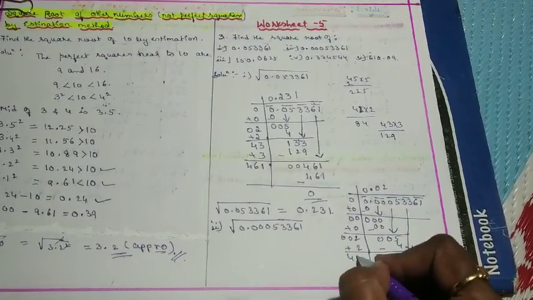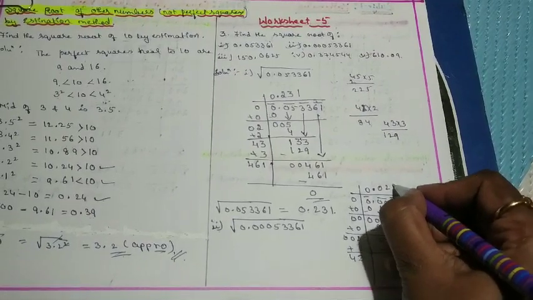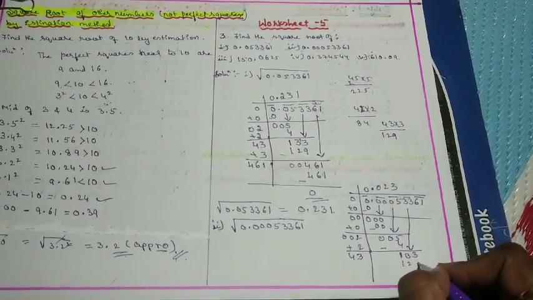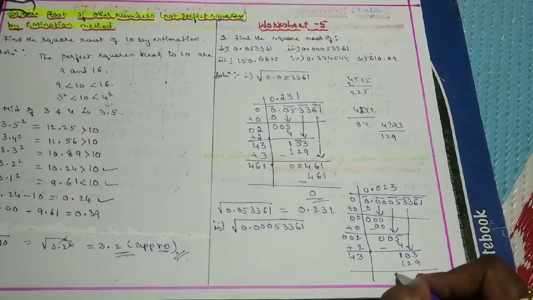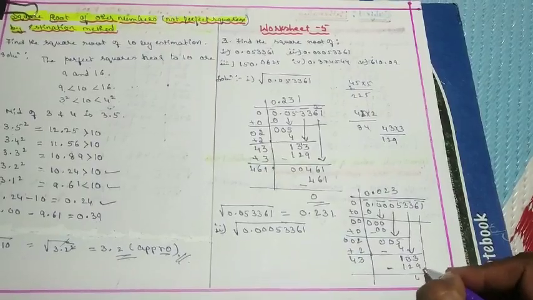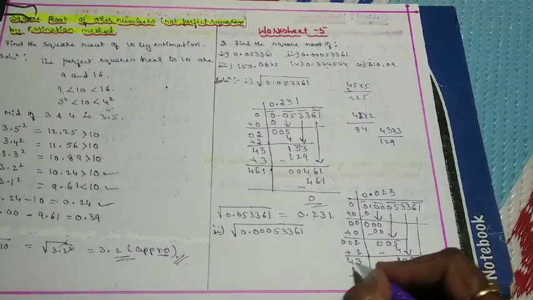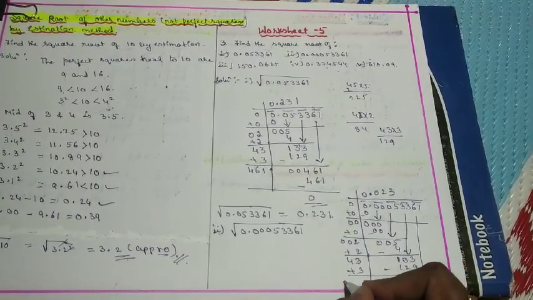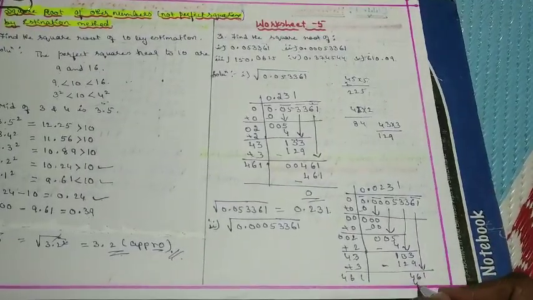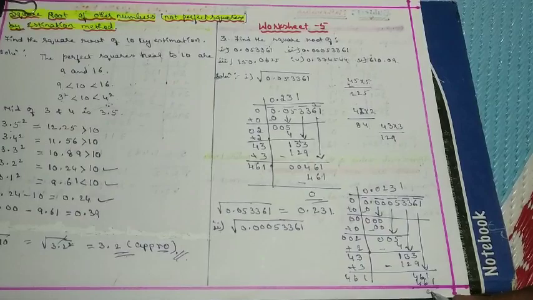So I think 43 3s are 129. Then subtraction, this becomes 4. Bring the next pair, that is 61. Then add up 3 here, you'll get 46. 46 ones are 461, and the remainder is 0.